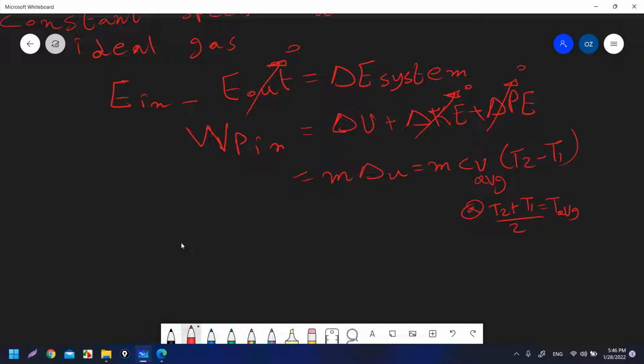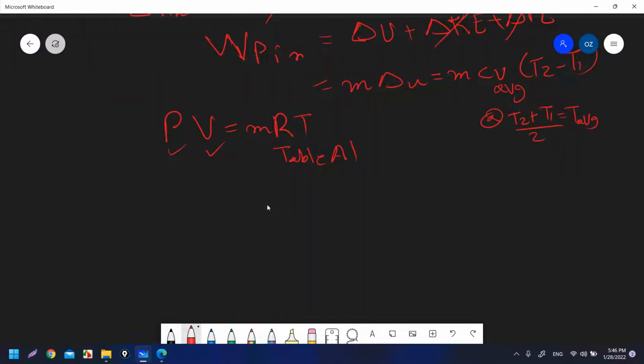The famous equation is PV equals mRT. I have the mass. The gas constant for carbon dioxide I can get from table A1. I have the volume, and I also have the pressures P1 and P2. I want to find the temperature, so T1 equals P1 V1 over m R.